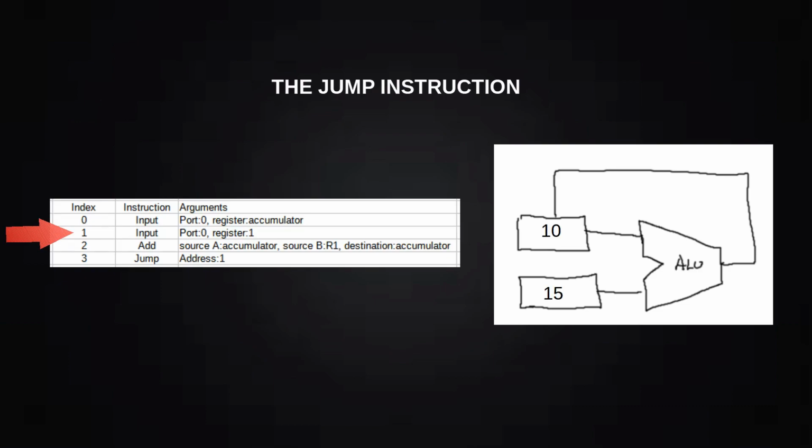Instruction 1 loads another number from I/O into a different register, and instruction 2 adds these two numbers together and stores the results in the accumulator. And instruction 3 jumps back to instruction 1. Once the computer is back in instruction 1, it loads another digit from I/O, adds it, and then jumps back again. This program, while only being 4 instructions long, can perform summations for eternity.